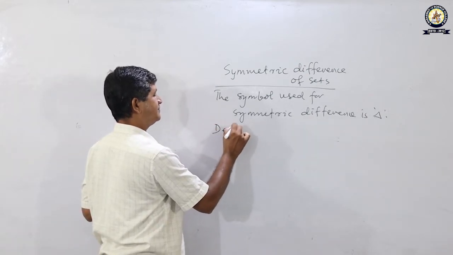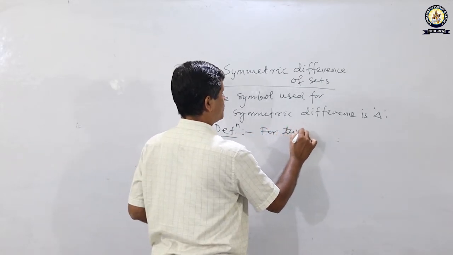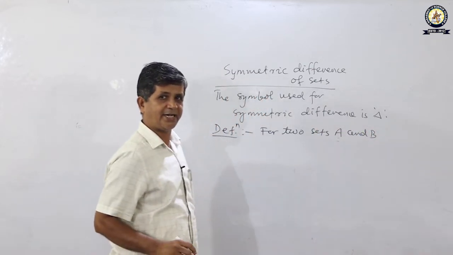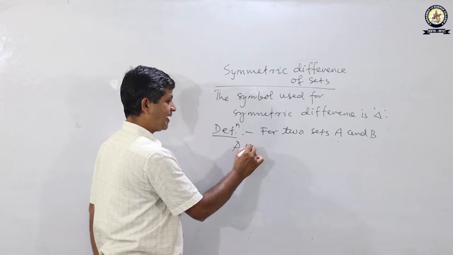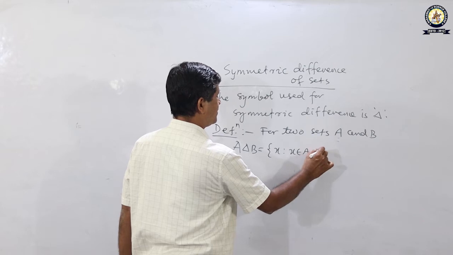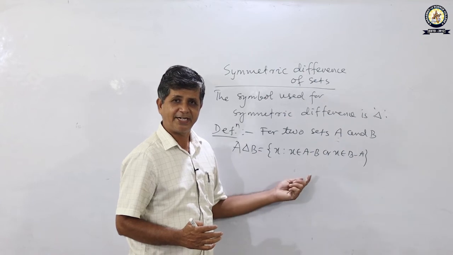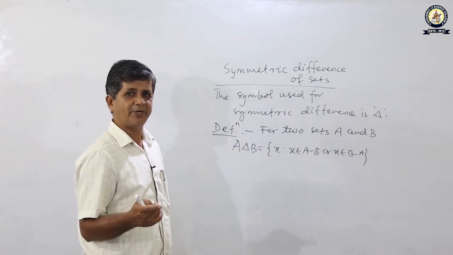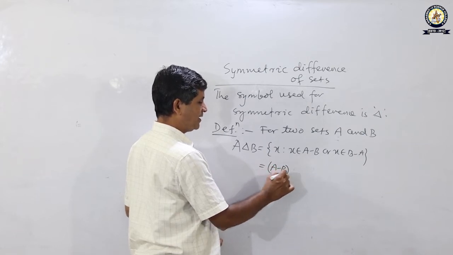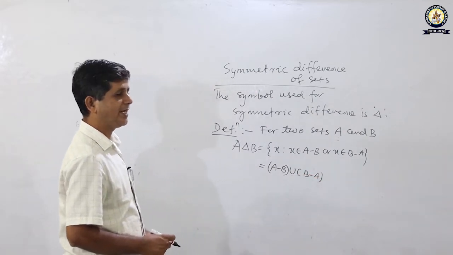Now come to its definition. For any two sets A and B, A del B equals X such that X belongs to A difference B or X belongs to B difference A. Either it is present in A difference B or it is present in B difference A, then it must be in A del B. Means it is A difference B union B difference A. This is A del B.